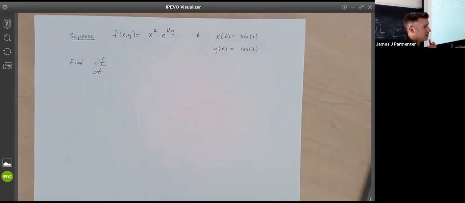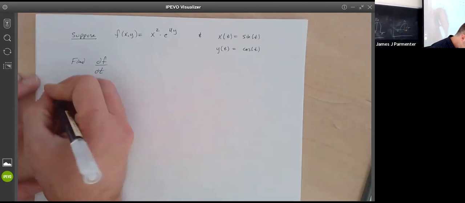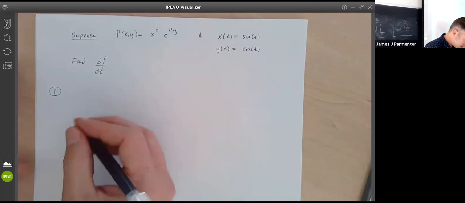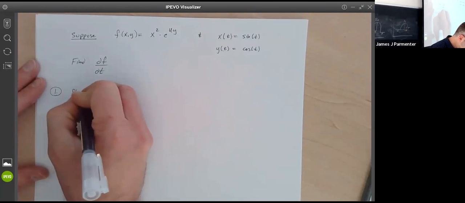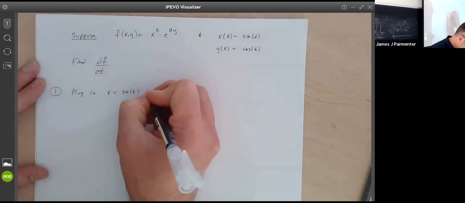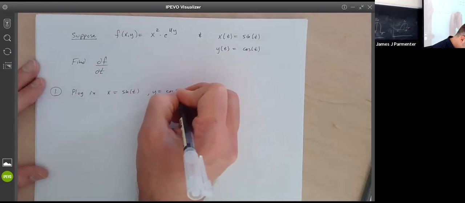And sometimes, depending on the information we're given, there are multiple ways we can do this. In this particular case, we could find df/dt simply by substituting in what x and y are equal to. So one way of doing this, the way we're not usually going to do it, but to see that it actually does work, is we're just going to plug in x equal to sine, y equal to cosine.